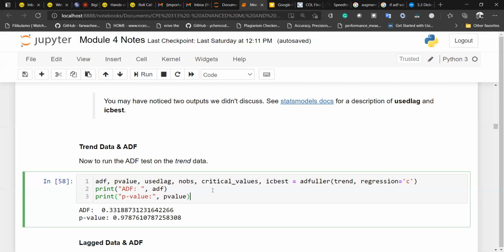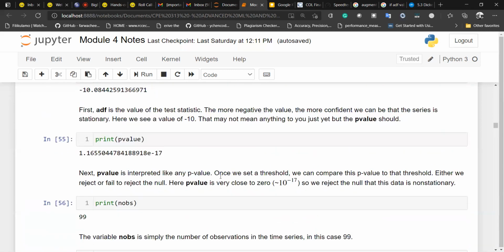If we reject the null, and the null is that the data is non-stationary, does that mean the data is stationary? Or is it the other way around? According to the information that we have, we need to compare the values that we got. When the p-value we got is very close to zero, what we do is reject the null.